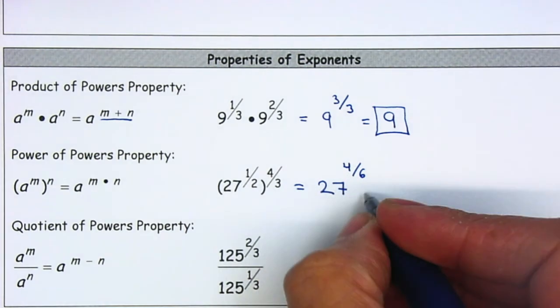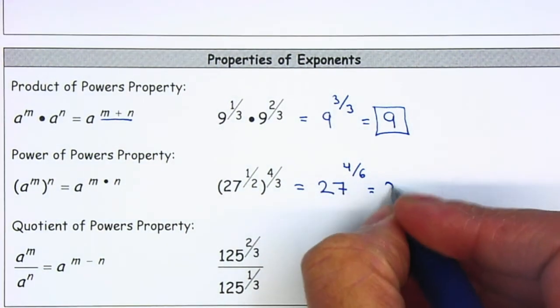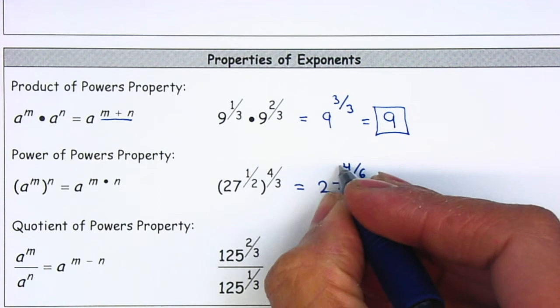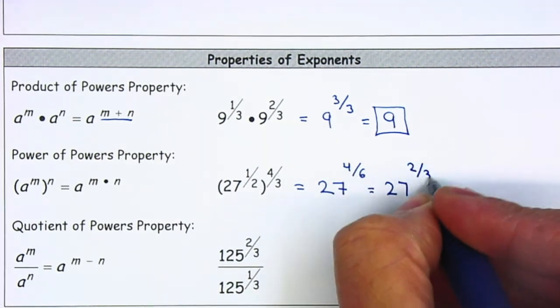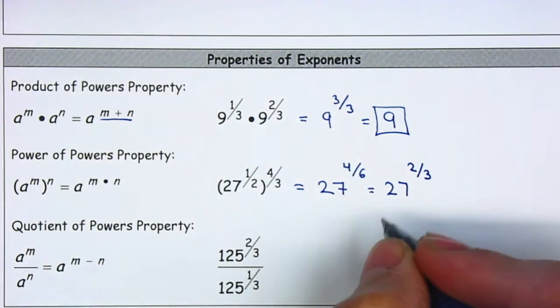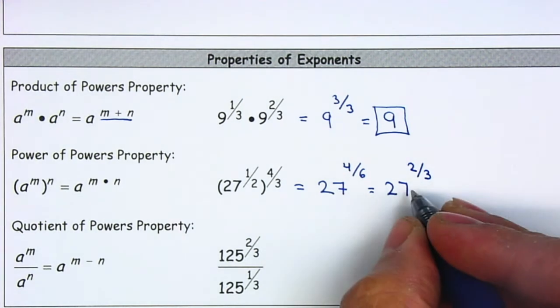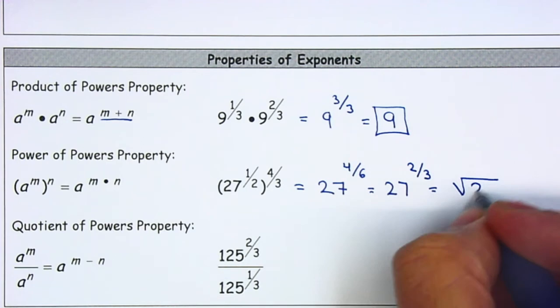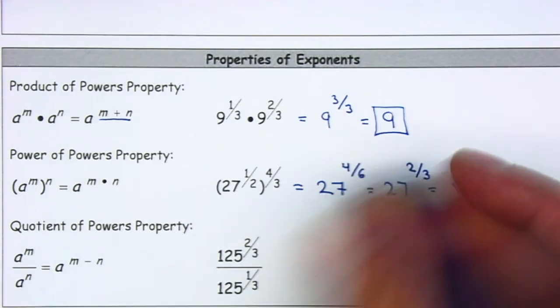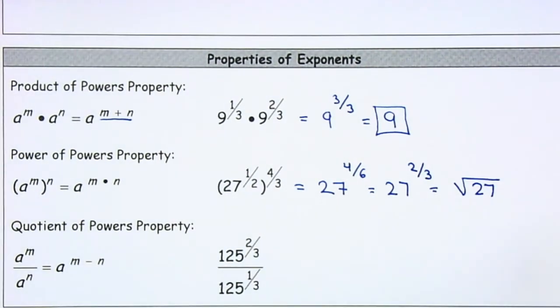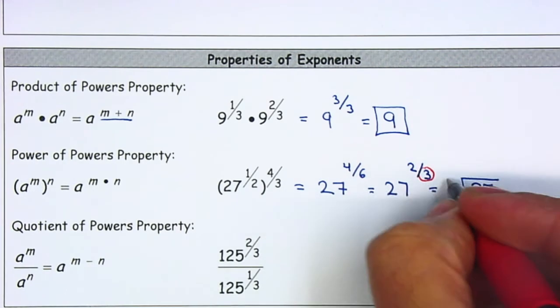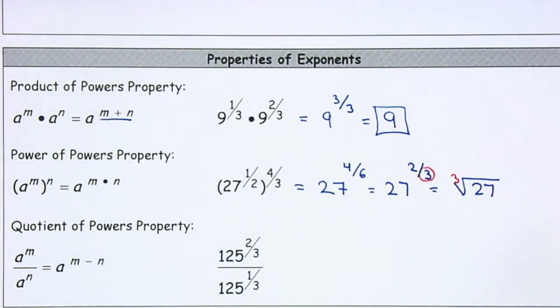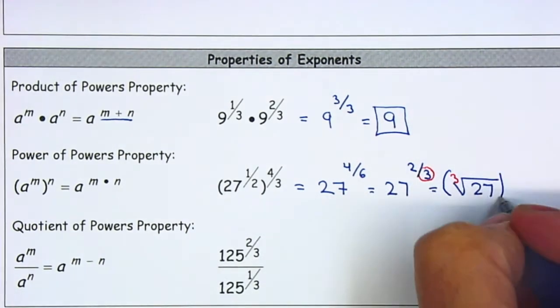Now, let's go and reduce our exponents. So I'll divide by 2, so I'll have 2 over 3. Now, remember on the last section, we are able to simplify this, so we're going to rewrite it as a radical 27. The denominator of the exponent is the root, and then the 2 is the exponent.